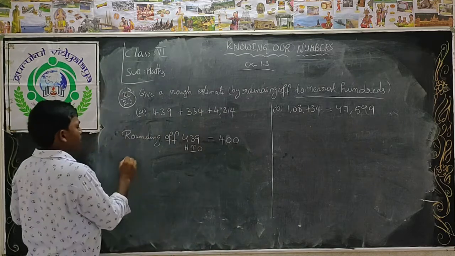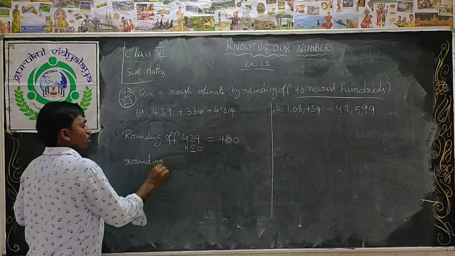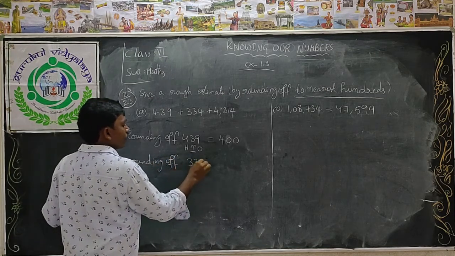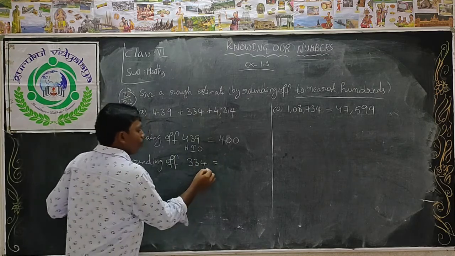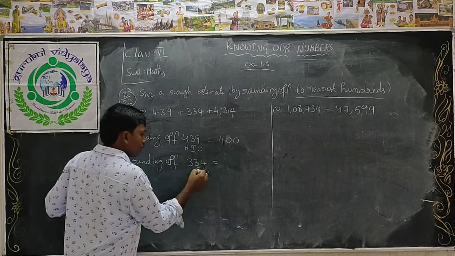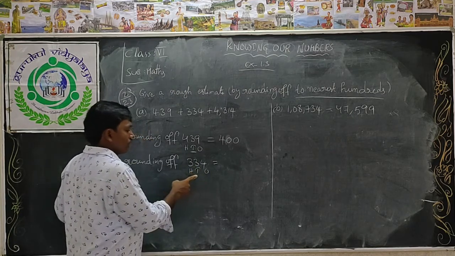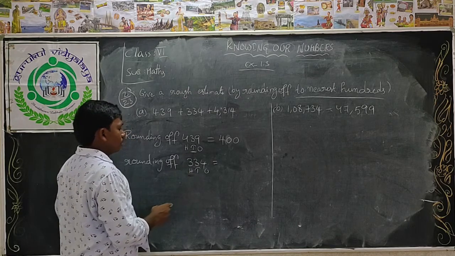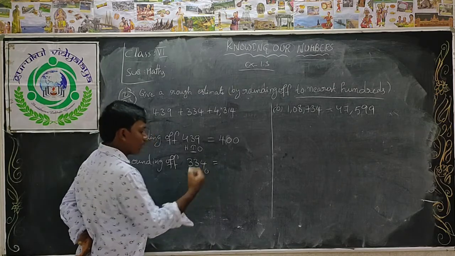See the children, next, rounding off 334. Again identify ones place, tens place, hundreds place. See the children, identify the tens place value.